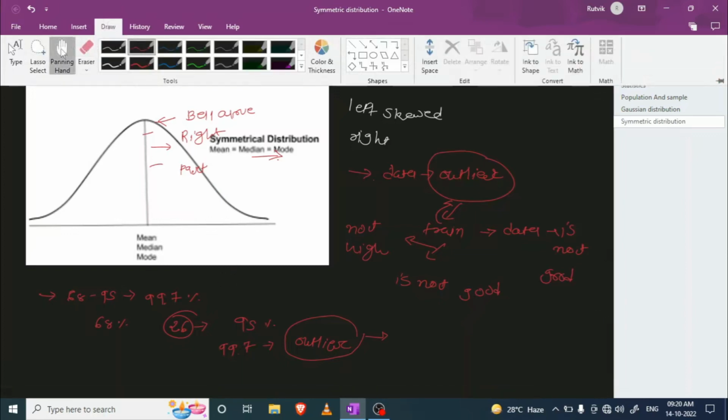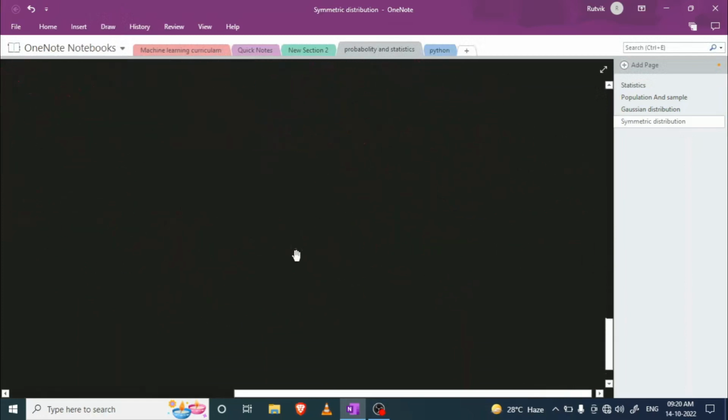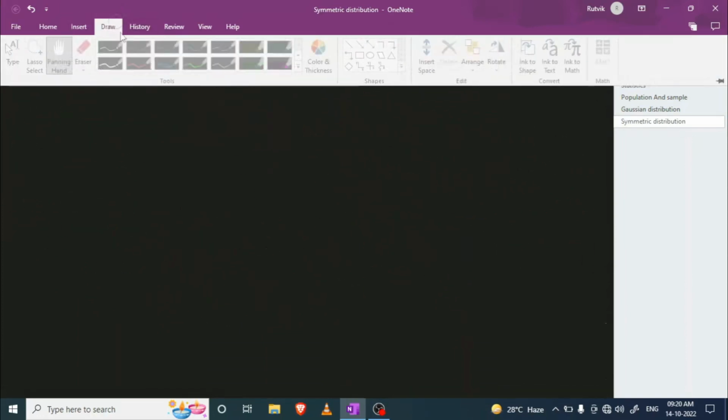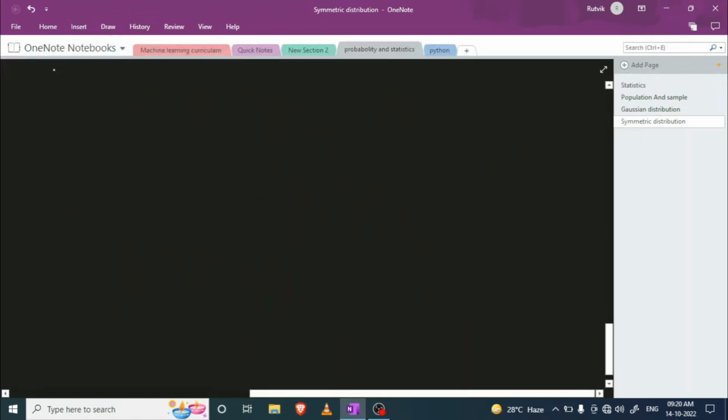Now the second question: what is the left skew distribution and what is the right skew distribution? Here we are going to talk about the left skew and right skew distributions. First, the left skew. Left skew means the tail of the left side is long.